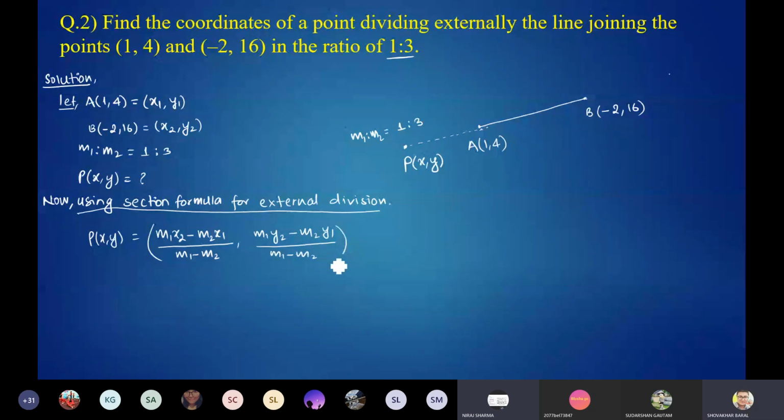Very good, so this is the formula for external division. Let's replace the values here: the value of m1 is 1, the value of x2 is minus 2. I replace all the values and simplify it. Minus m2 is 3 and x1 is 1, whole upon m1 minus.